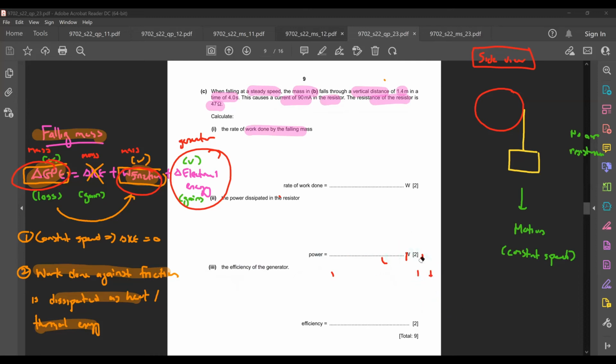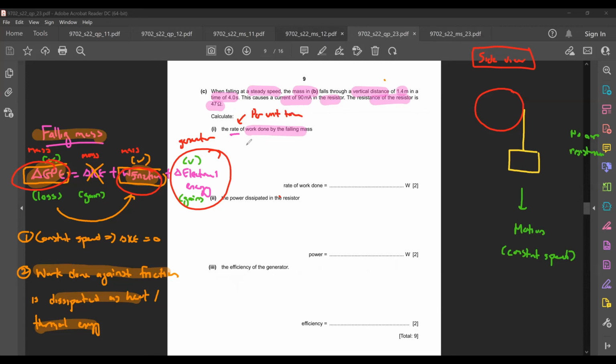So what is the rate of work done by the falling mass? Knowing this one, because the word did it as rate, this one must be per unit time. Okay.